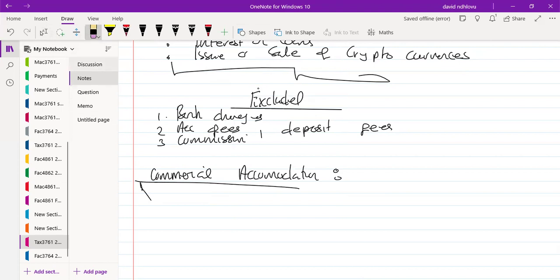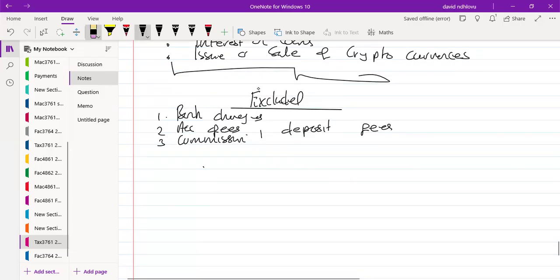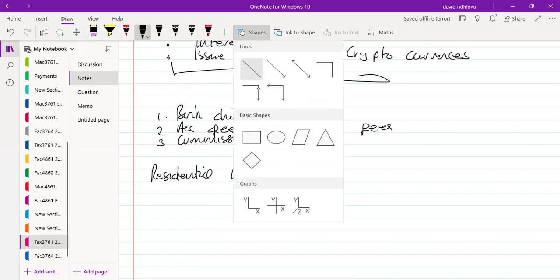Maybe I should start with residential accommodation. Part of what is exempt is residential accommodation. So this is exempt. That is residential accommodation.